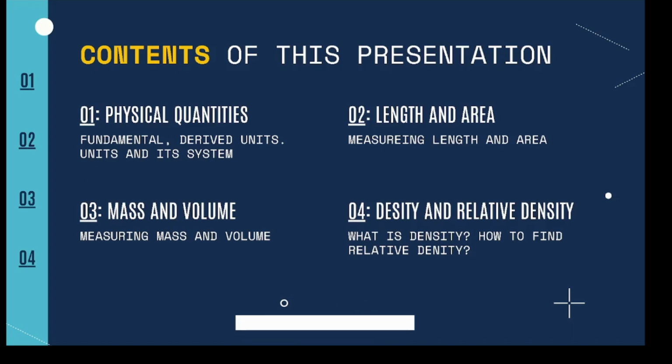Now, let's say a watermelon's mass is equal to the mass of that platinum iridium block. Since we know the block is 1 kg, we can also say the watermelon is 1 kg because they have the same mass. So that's how we can use physical quantities.